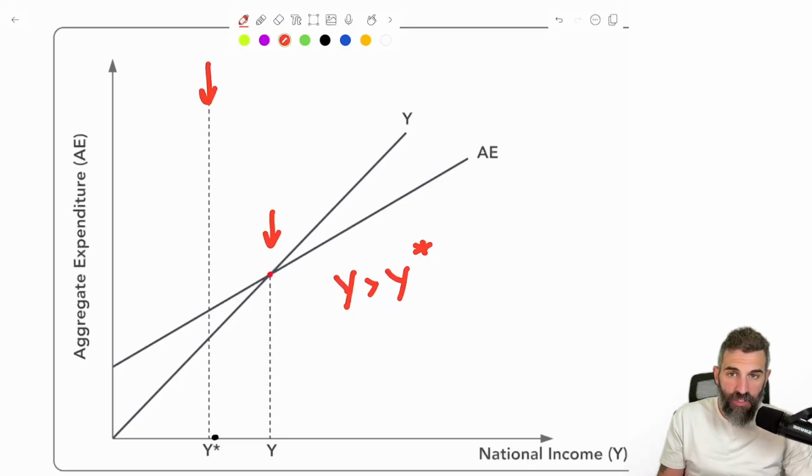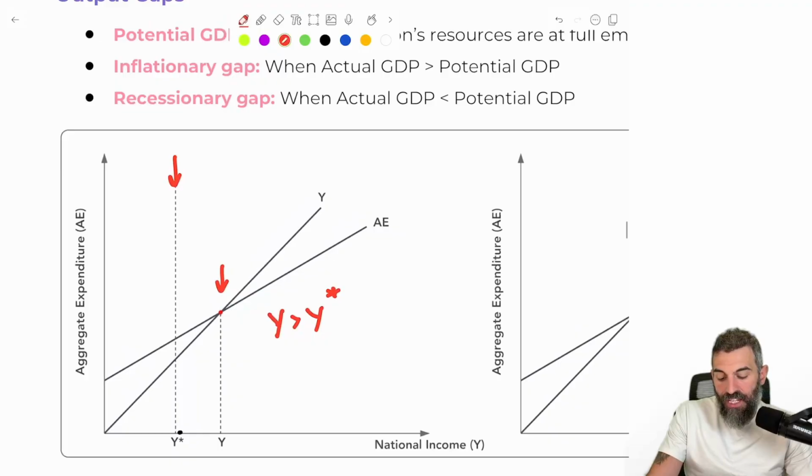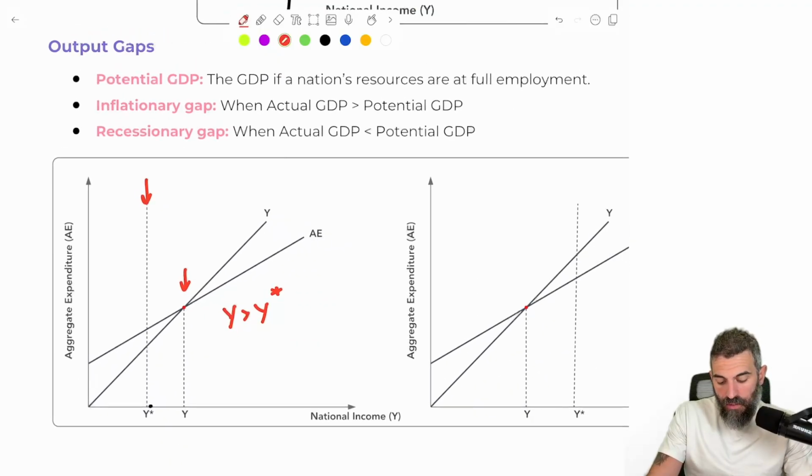Workers are working overtime. Tons of people are being hired. Like I said before, lots of demand on our machinery. We're running our machines all day, all night. We call this an inflationary gap. The gap being the difference between them. Inflationary, when the actual output is exceeding the potential. It's called inflationary because it leads to inflation. We'll talk about that.